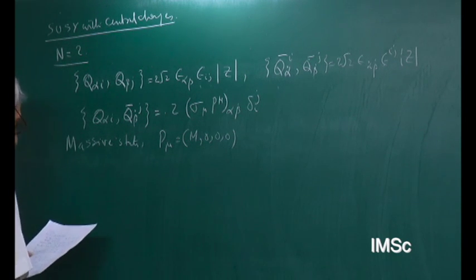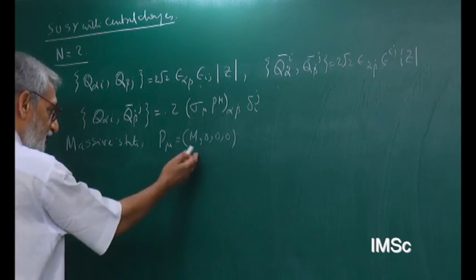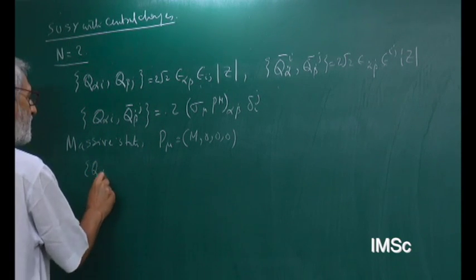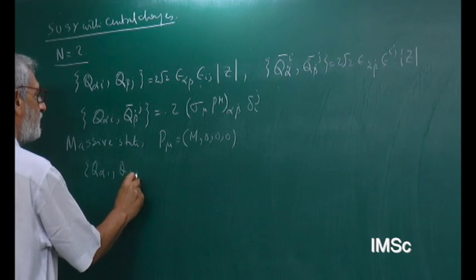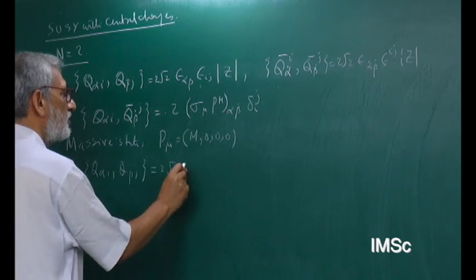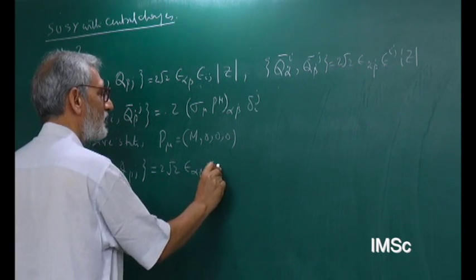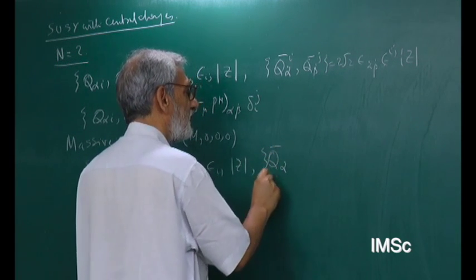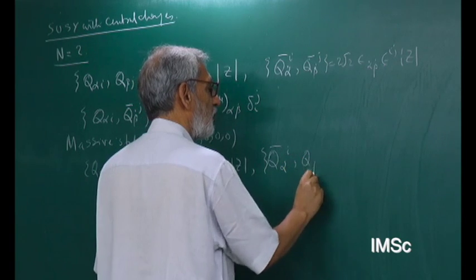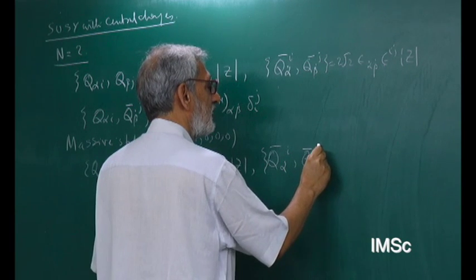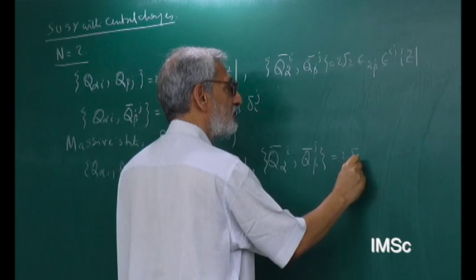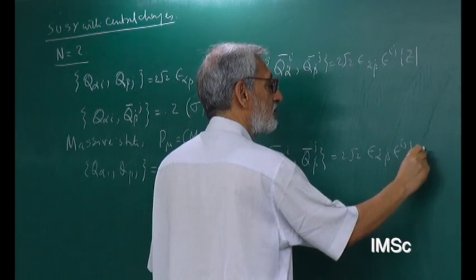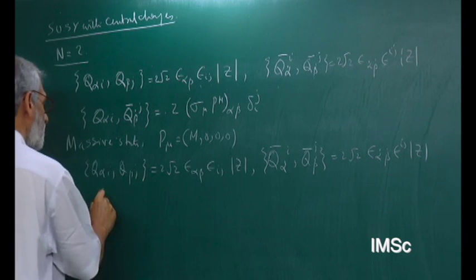So, what happens in the rest frame? These two commutators stay as they are. And Q bar Q bar dot J stays too, but this one becomes simpler.